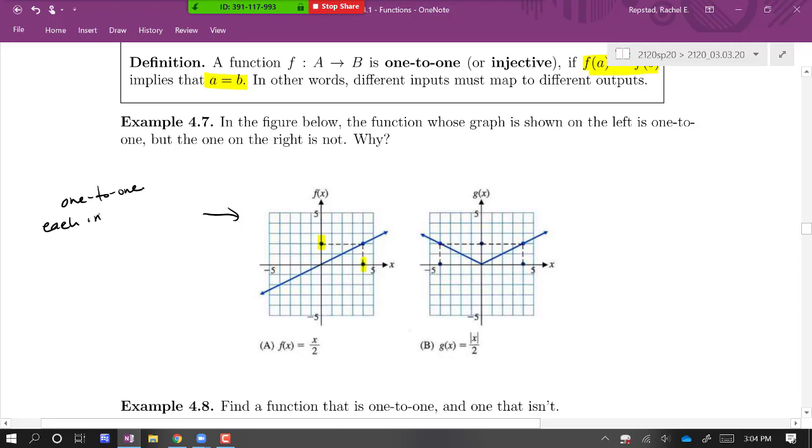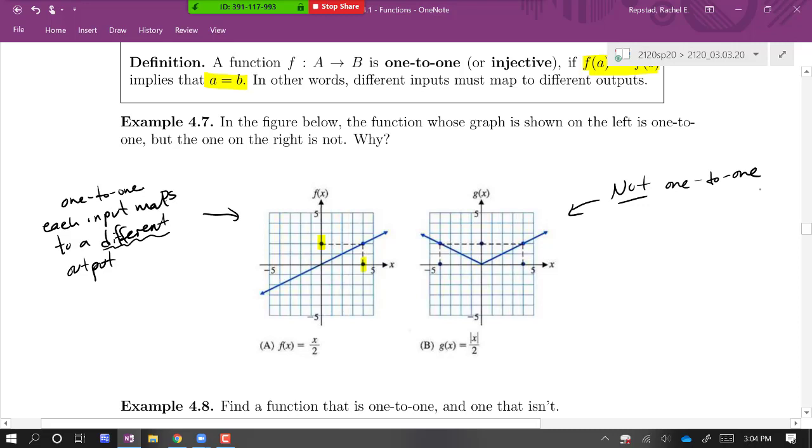Each input maps to a different output. And this one is not one-to-one. Two inputs map to the same output.